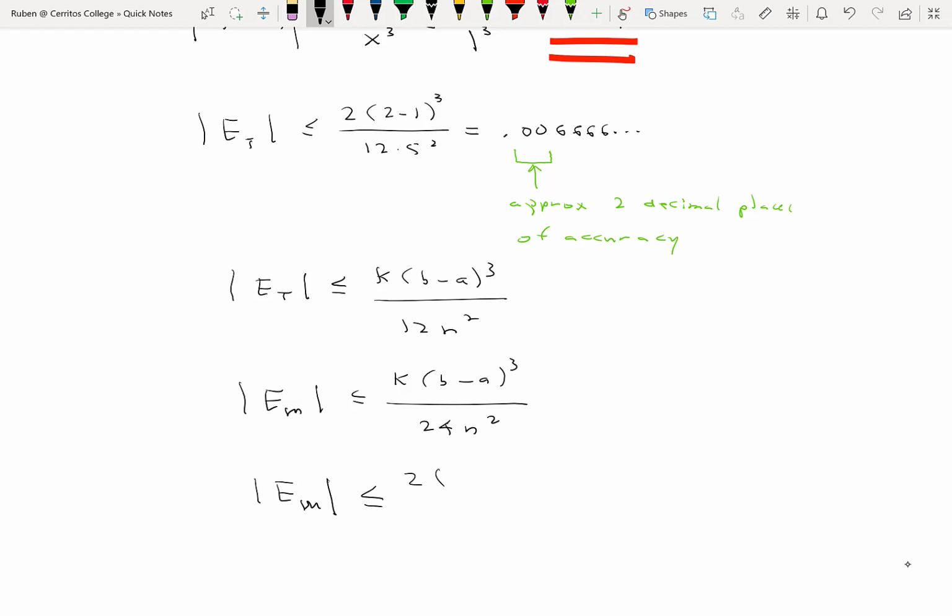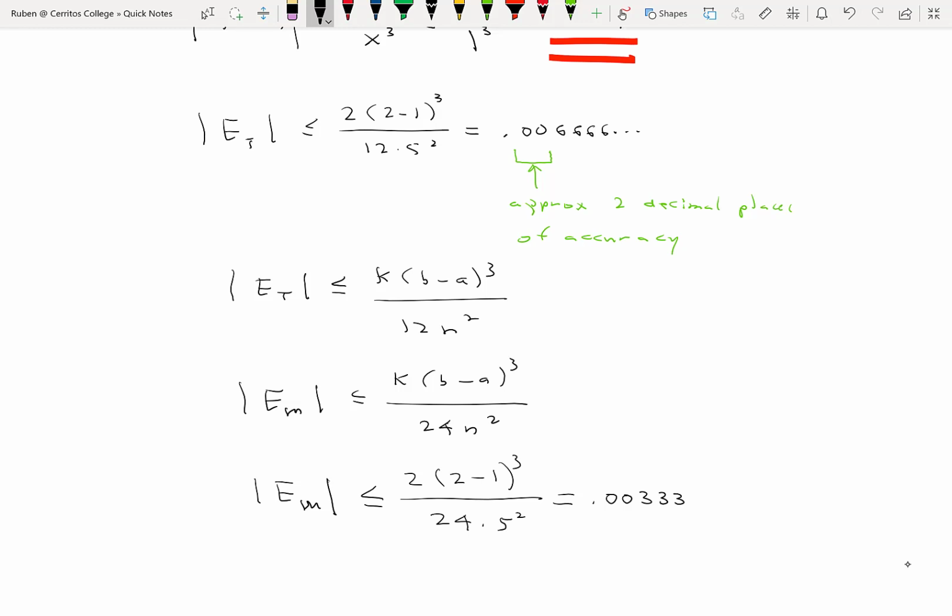And the b and the a are still the upper and lower limits of integration respectively. I have 24 instead of 12 in this estimate, and the same 5 that I had in the magnitude of error for the trapezoid rule. And this value is 0.003 repeating.